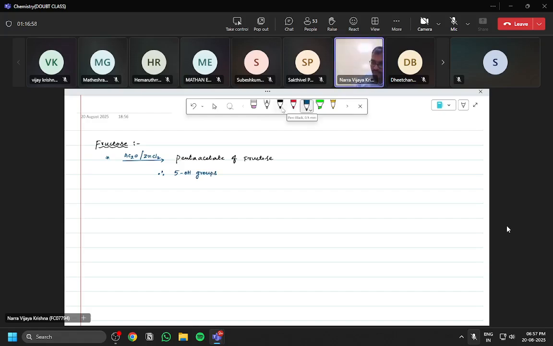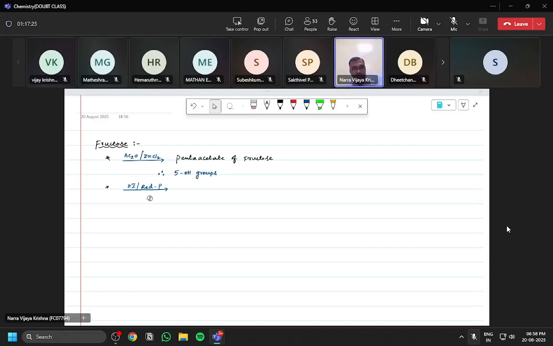Now, the second reaction: hydrogen iodide with red phosphorus. Now what did we get in case of glucose with HI and red phosphorus? Hexane.